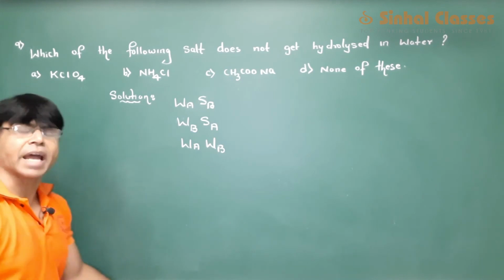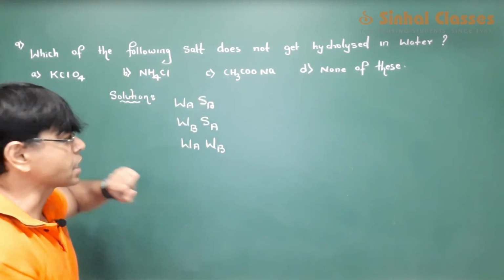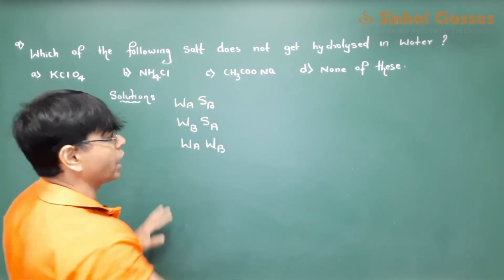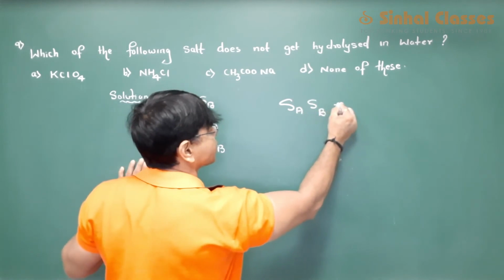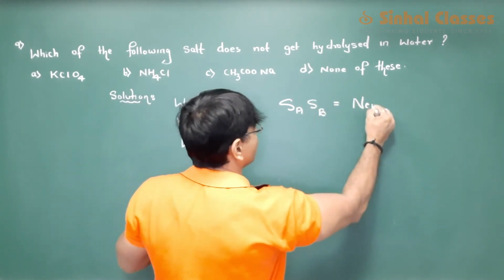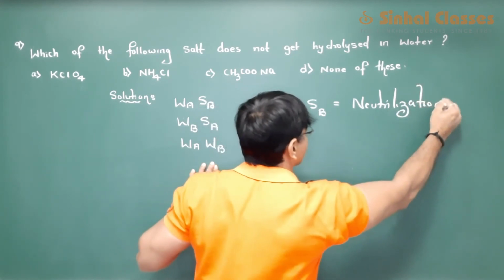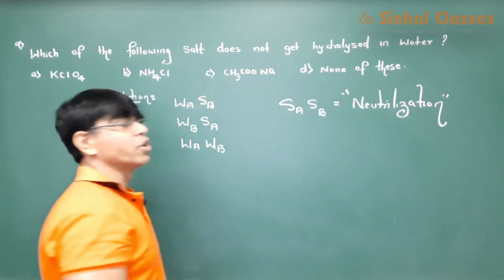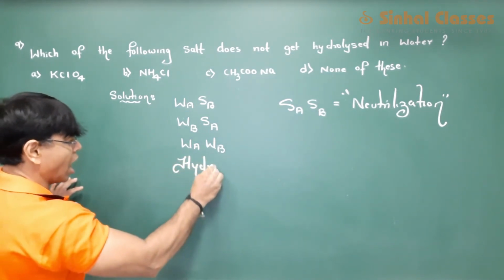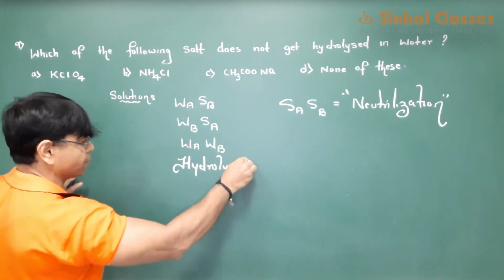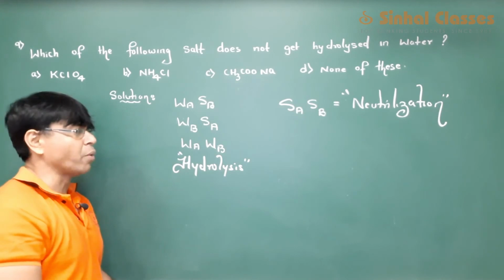These are the three types of salts which are hydrolyzed in water, whereas a salt of a strong acid and a strong base undergoes neutralization and not hydrolysis. So these are the salts which undergo hydrolysis in water. Now let's take the options one by one.